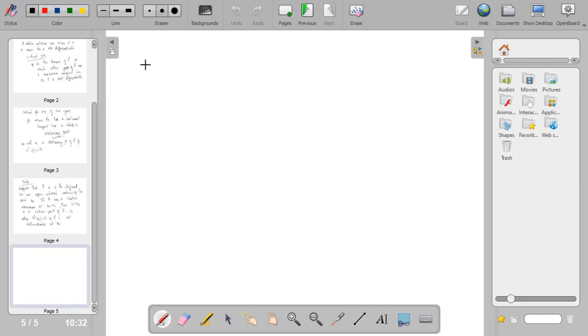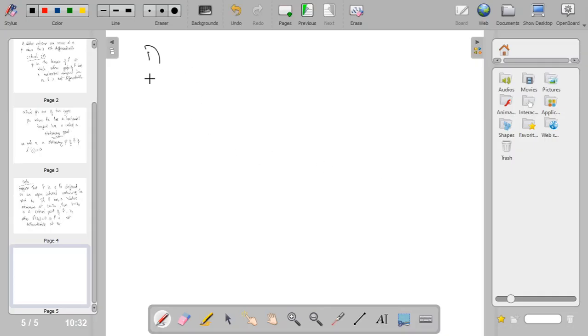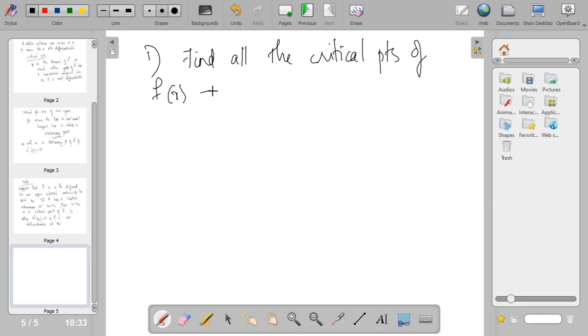So now let us see a few examples of how to find the critical points. The first question is, find all the critical points of f equal to x cube minus 3x plus 1.